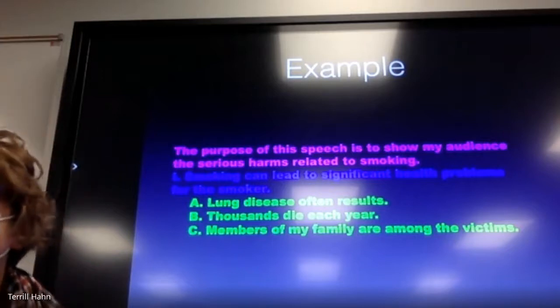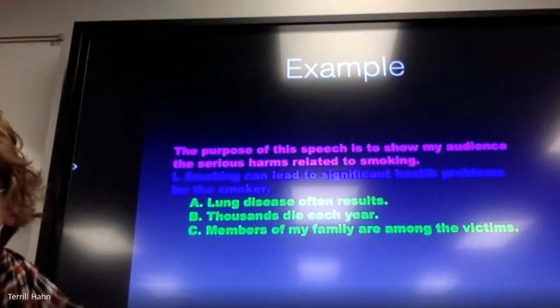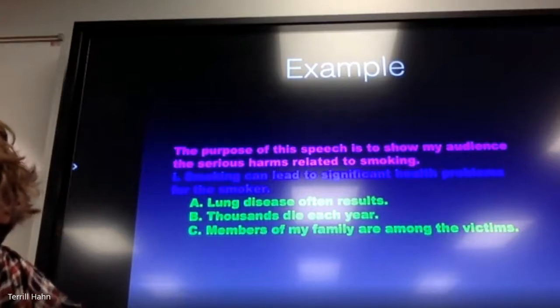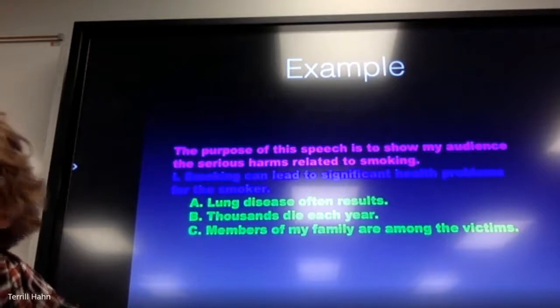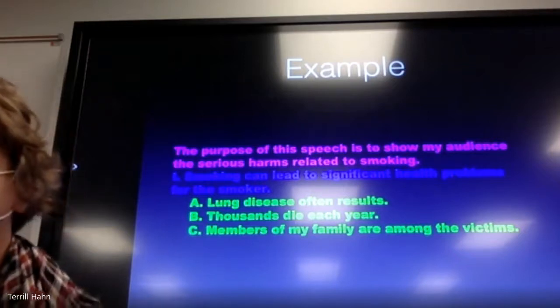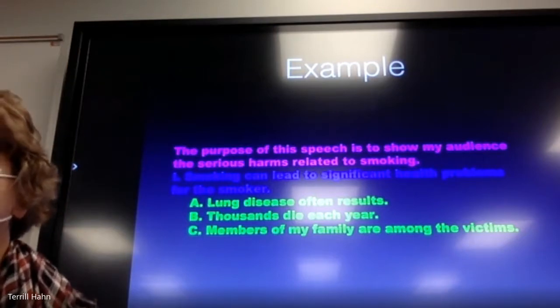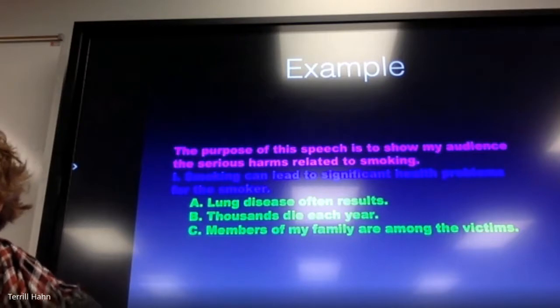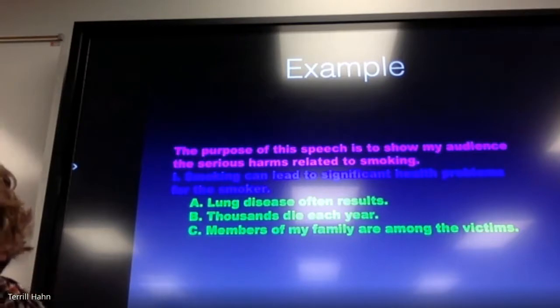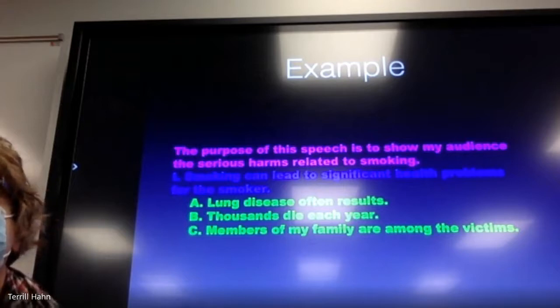COPD is a disease of the lungs where you can't breathe like you should. There's a constriction of your lungs, and most people who have it, it's because of smoking, or there's something else that's damaged their lungs. Like sleep apnea, where they have that machine that helps them breathe. I don't remember what it's called. No, I think that's different.